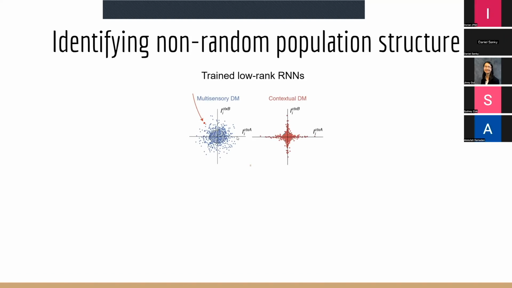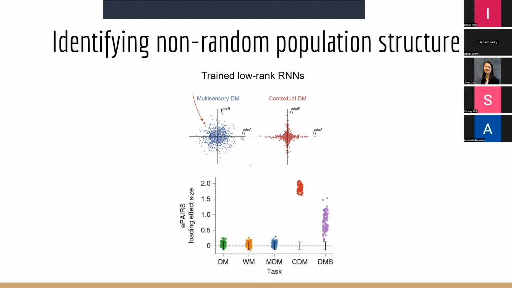For the multi-sensory decision-making task, where you were interpreting both inputs at once, we see this random distribution for the weights. For the contextual decision-making task, we see a little bit more structure. It's not very randomly scattered. It's forming a very specific shape.